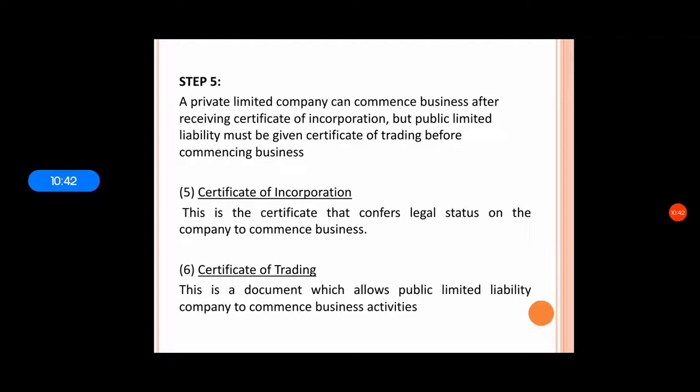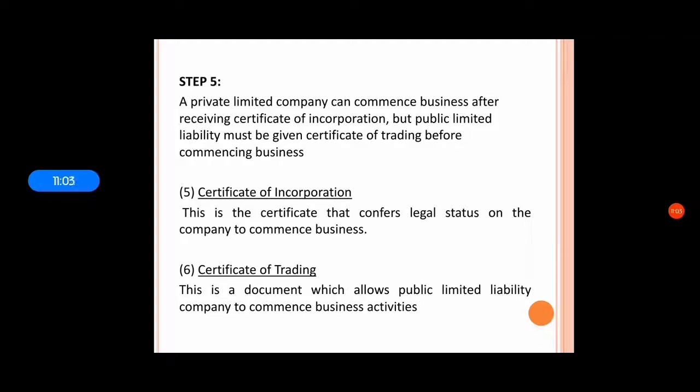Now, step 5. A private limited company can commence business after receiving a certificate of incorporation, but a public limited liability company must be given a certificate of trading before commencing business. So, remember step 4. It is the giving of what? Certificate of incorporation.